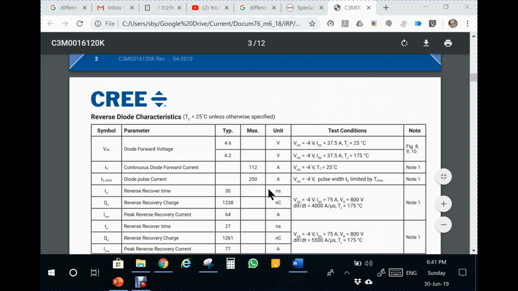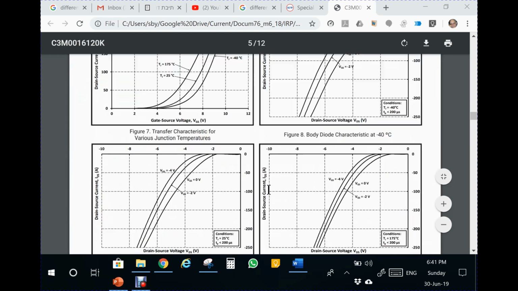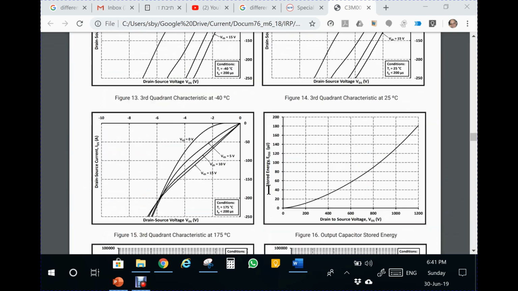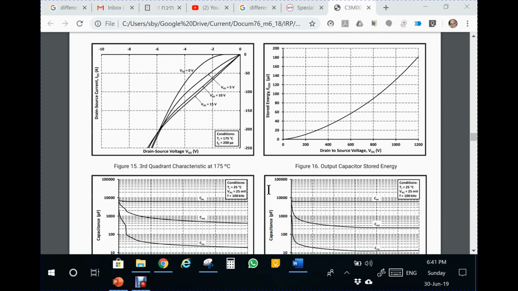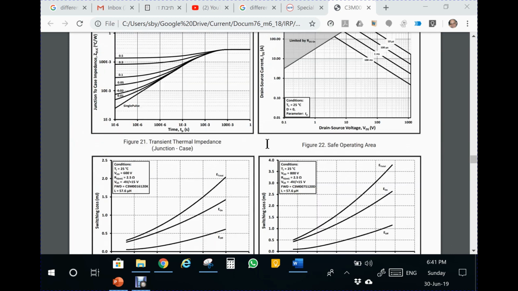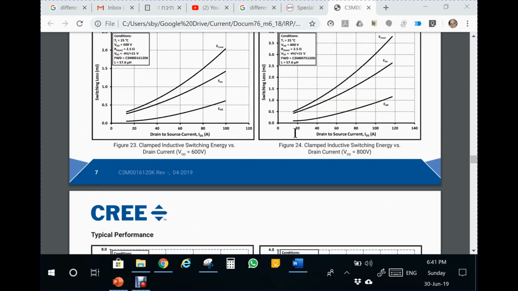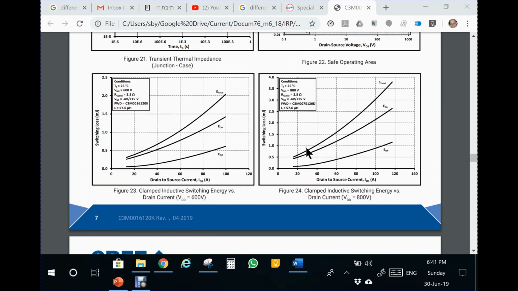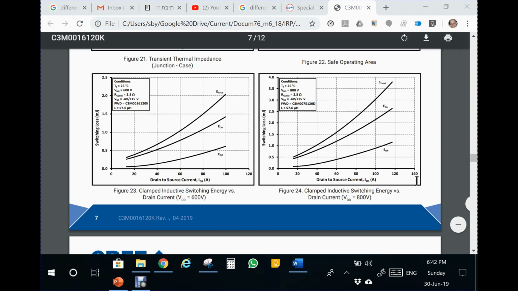In fact, there is a plot, or supposed to be. Let's have a look if we can find it. Okay, here we have it. This is now the turn-on and turn-off energy as a function of the current.